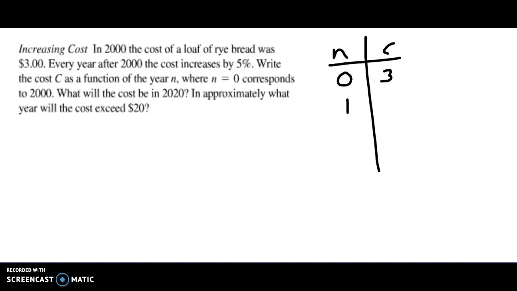When n is 1, it increased by 5%. Okay, so we're going to have to take 5% of $3. That's 15 cents. So now it's going to be $3.15. In year 2, it increased by 5%. So I take 5% of the 3.15 and add that to the $3, right?